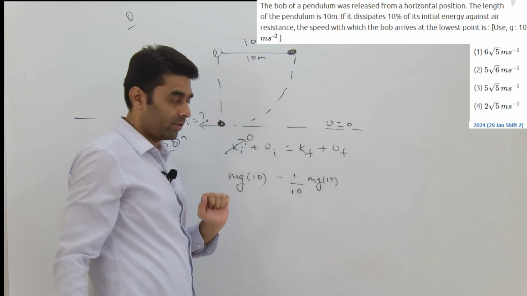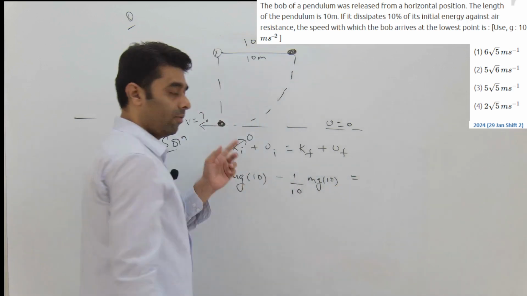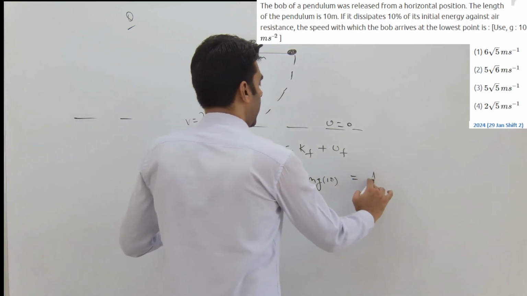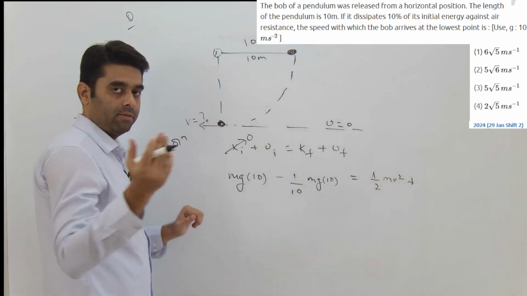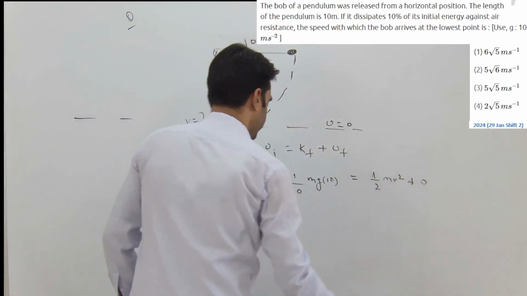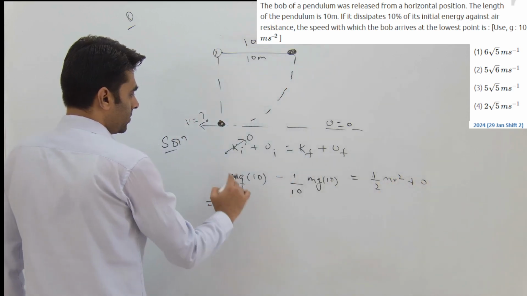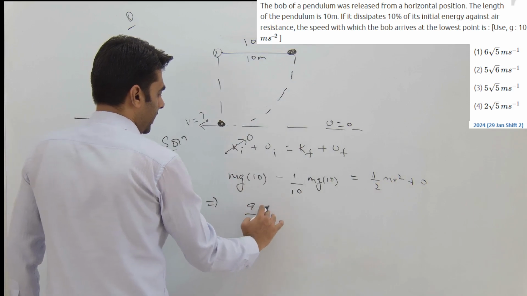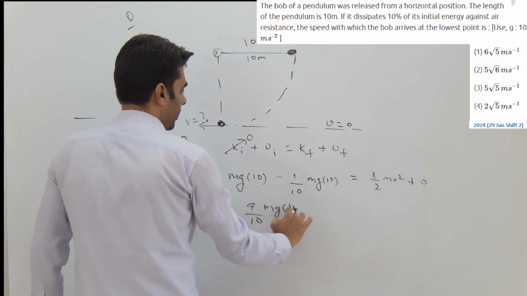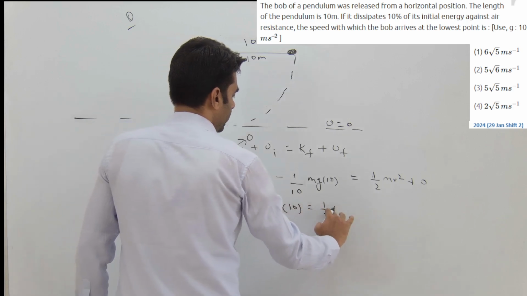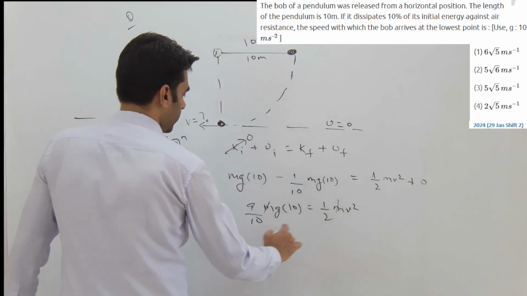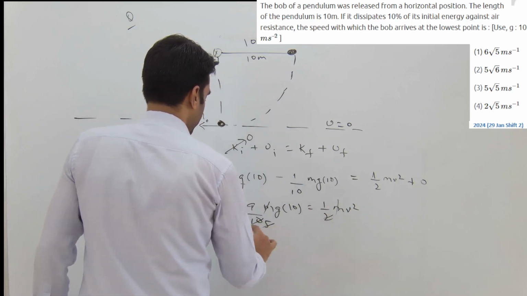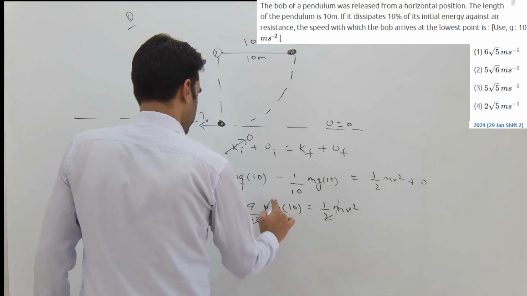This is our 10% loss. This equals the final kinetic energy, half mv square, plus potential energy at this level, which will be 0 only. Fine, let's solve this. We get 9 by 10 mg into 10 equals half mv square. Okay, m goes away. This is your 5 times, this is your 2.